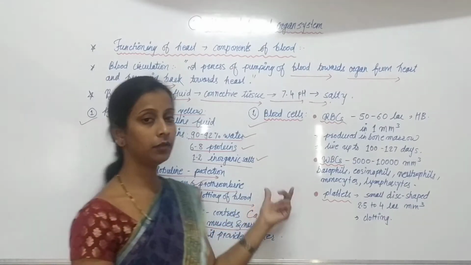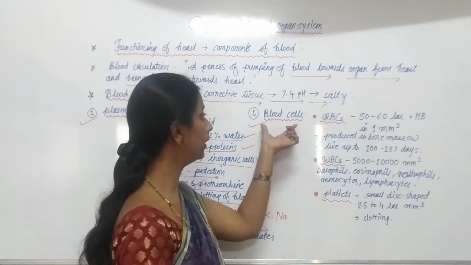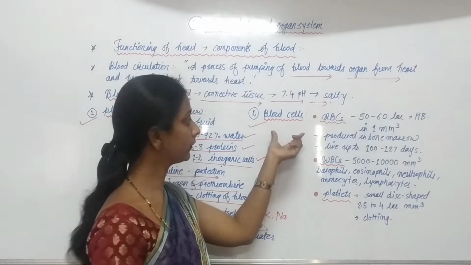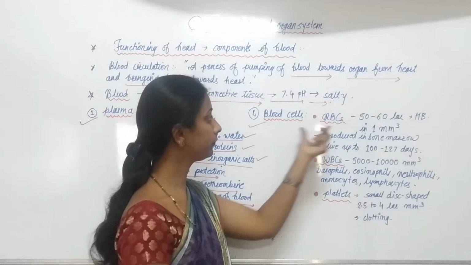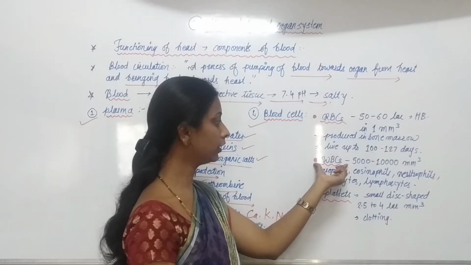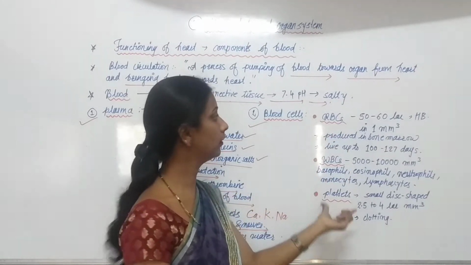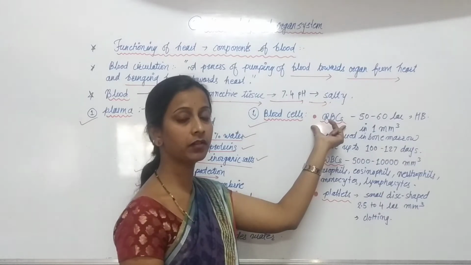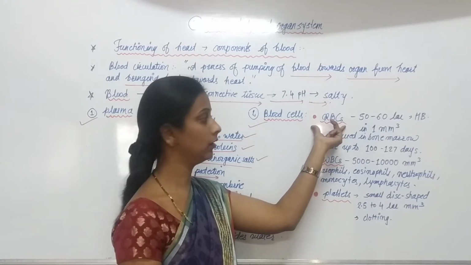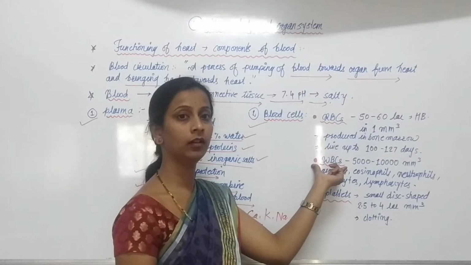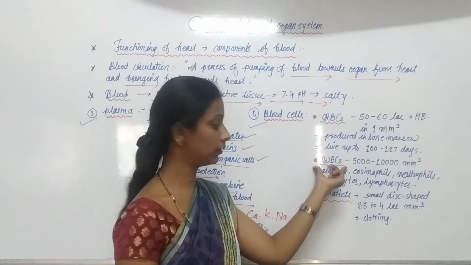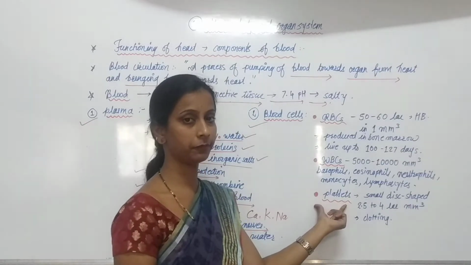Now, the next important component of the blood is blood cells. There are again three types of blood cells: RBCs, WBCs, and platelets. RBCs are known as red blood corpuscles. WBCs are white blood corpuscles, and next it is platelets.